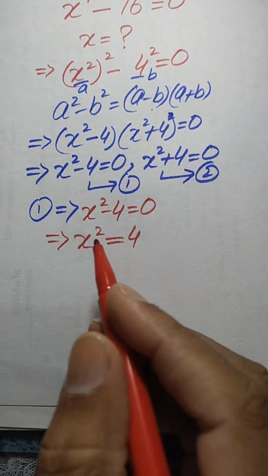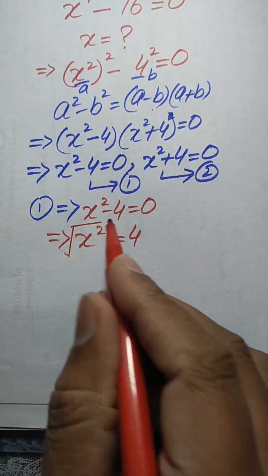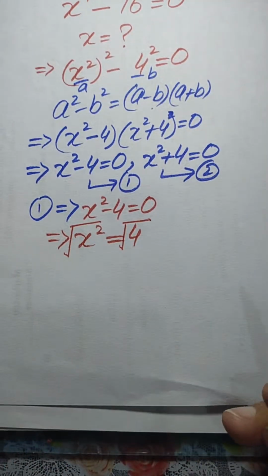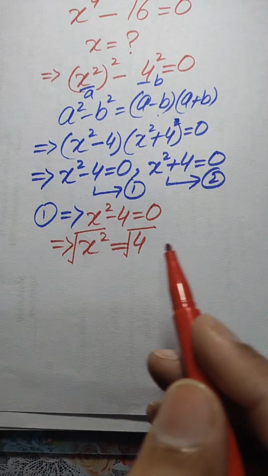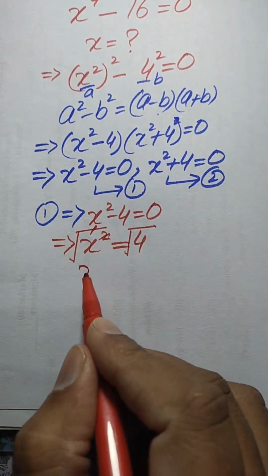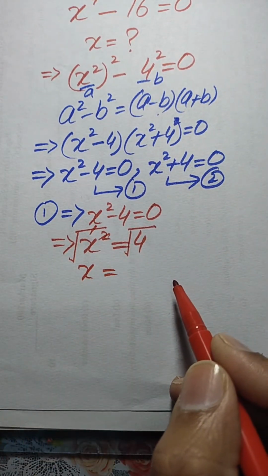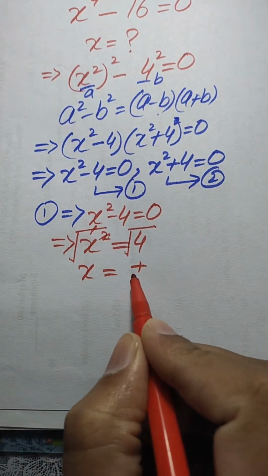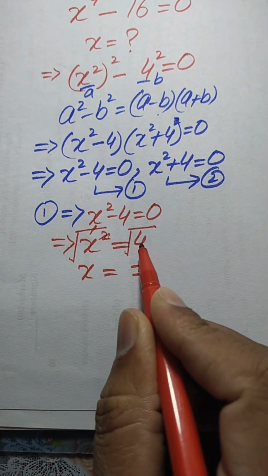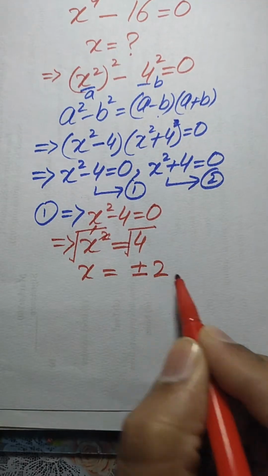From here we take the square root on both sides, and the square and square root cancel, and we get x equals plus minus square root of 4, and the square root of 4 becomes 2.